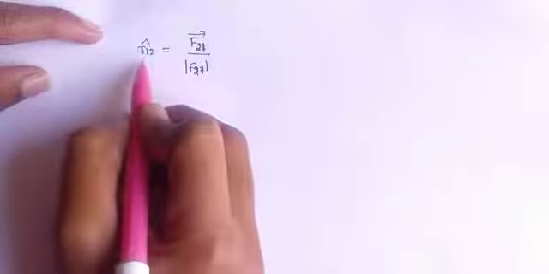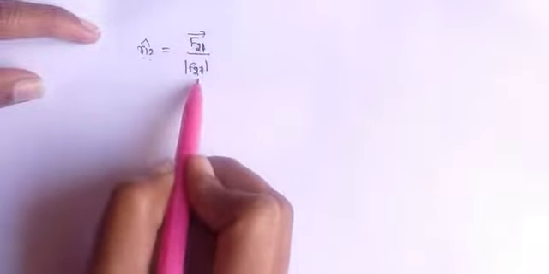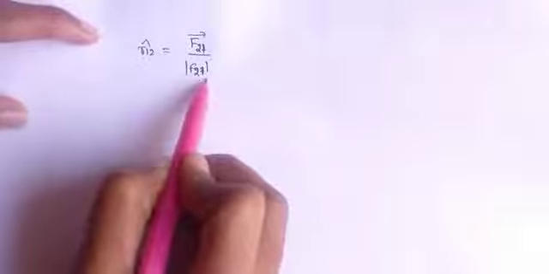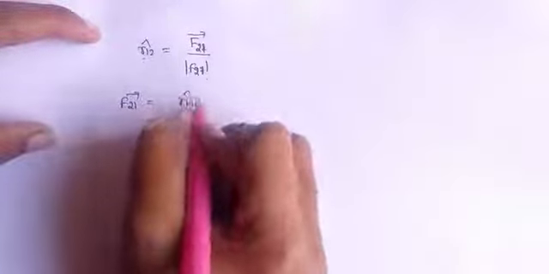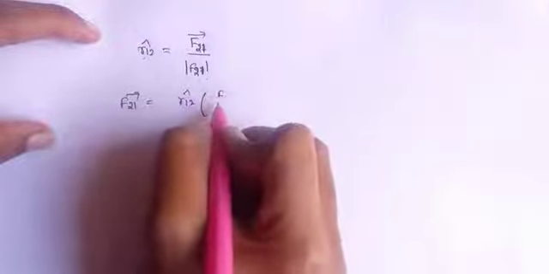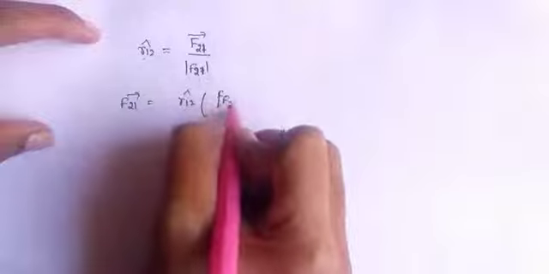Here R12 cap means it is a unit vector. Already we know that the unit vector magnitude is always equal to 1. So R12 cap is equal to F21 vector by F21 magnitude. So it can be written as F21 vector is equal to R12 cap into the magnitude of F21.